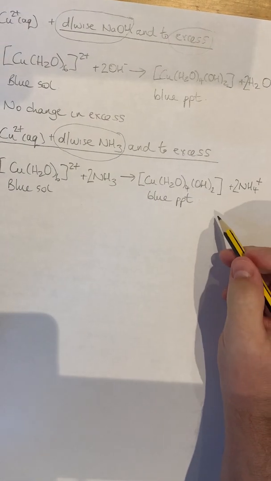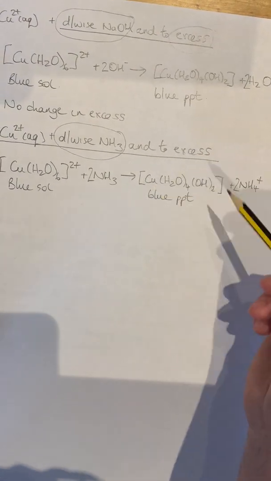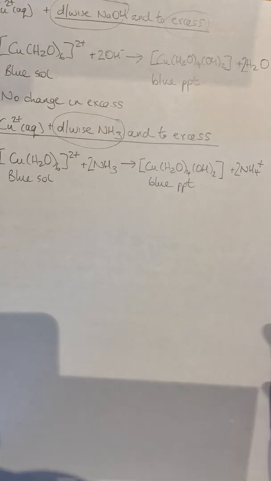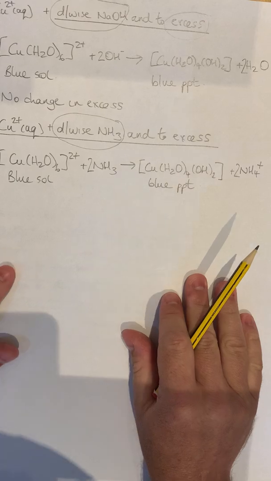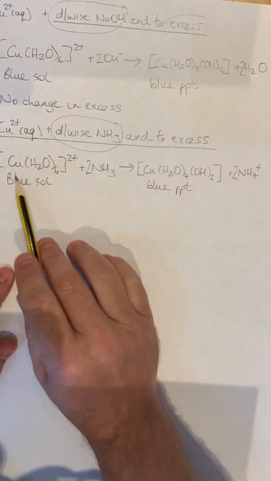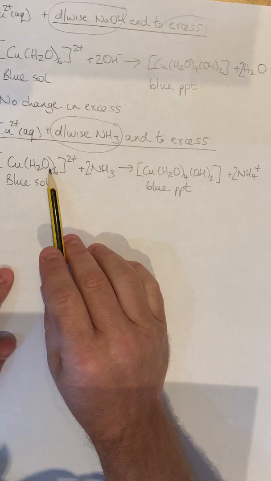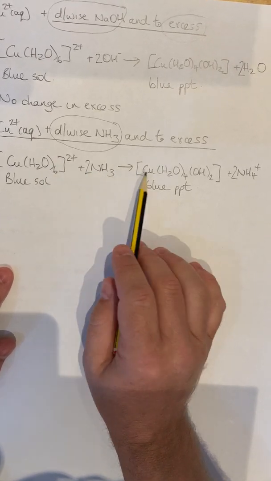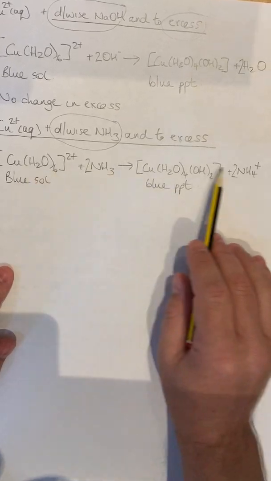Then to excess, when we do this with a practical, at whatever points we will be doing those, I don't know, but we will be at some point hopefully. You have a small amount of the aqueous copper ions in a test tube. You firstly add 2 or 3 drops of ammonia and you get the precipitate. So that's that reaction.